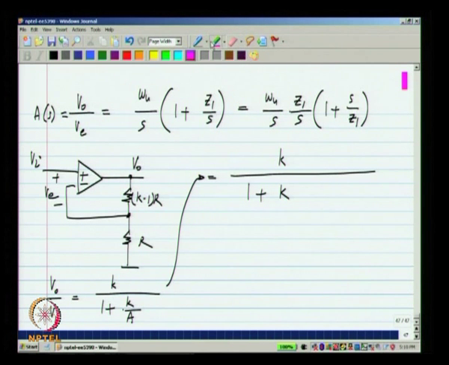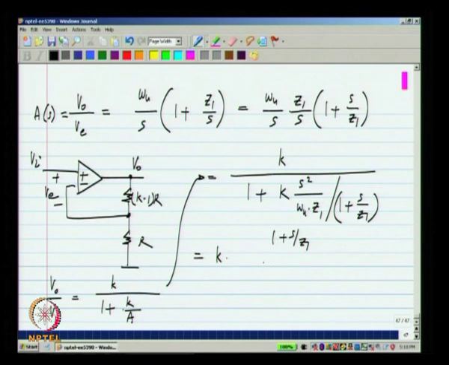This is A. So, 1 over A is S square by omega u times Z1 divided by 1 plus S by Z1, okay, which when expanded becomes k, 1 plus S by Z1, 1 plus S by Z1 plus k S square by omega u Z1.